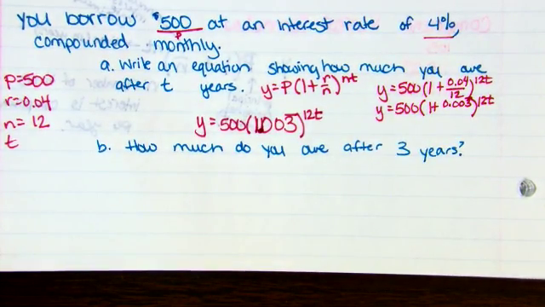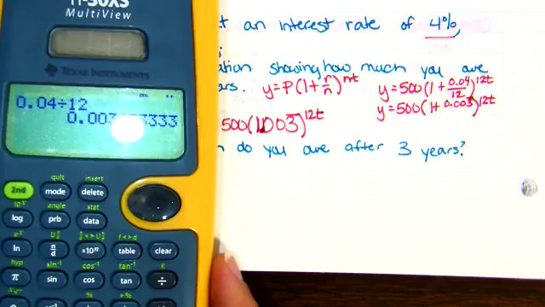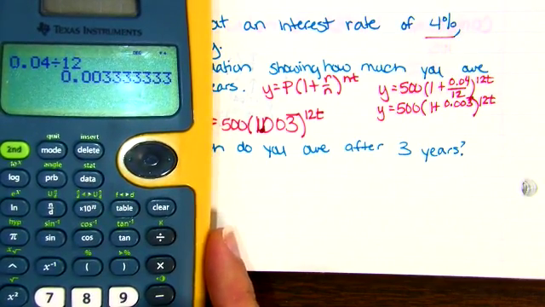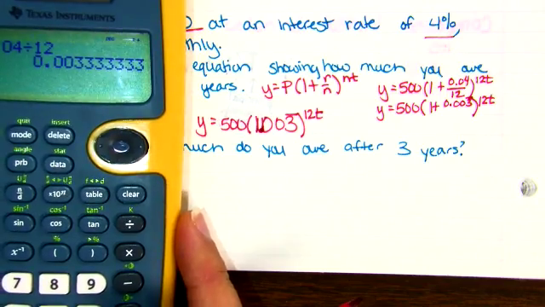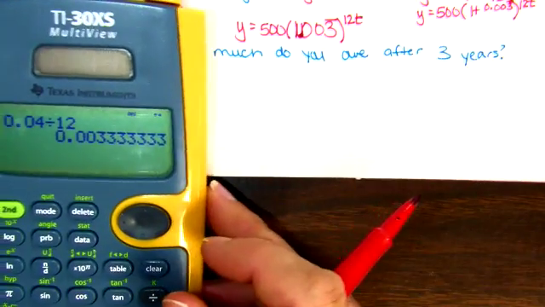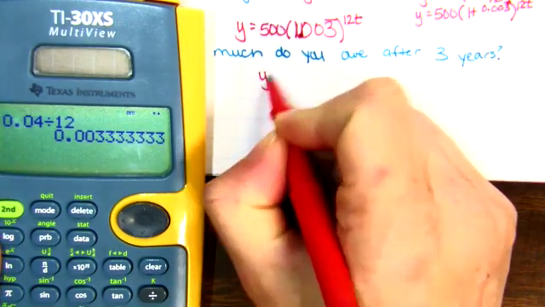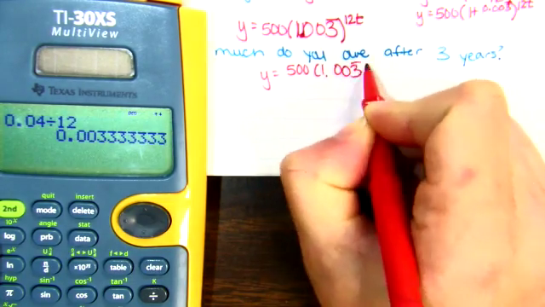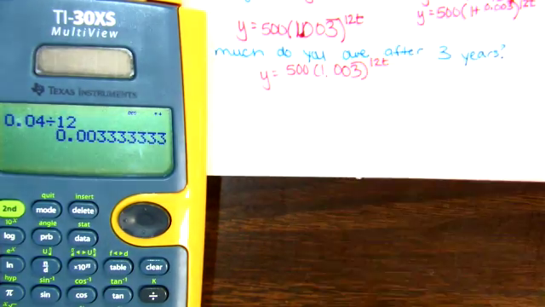So what I would do is hold that number in my calculator, and then when I go to solve this problem for part B, I'll show you how I'm going to carry that answer over. So this is my formula.